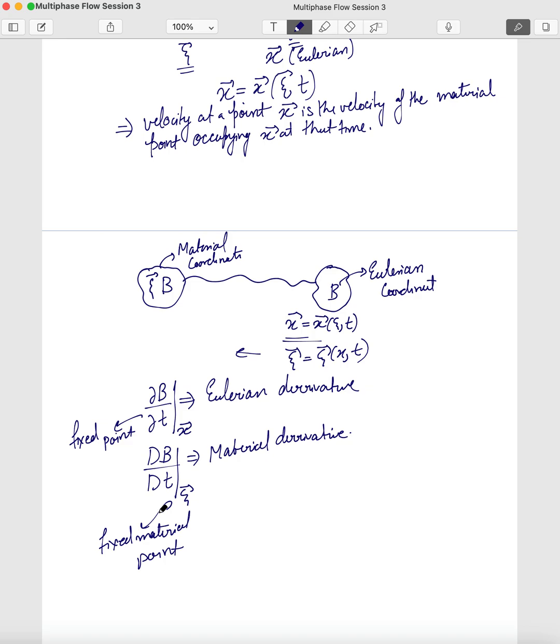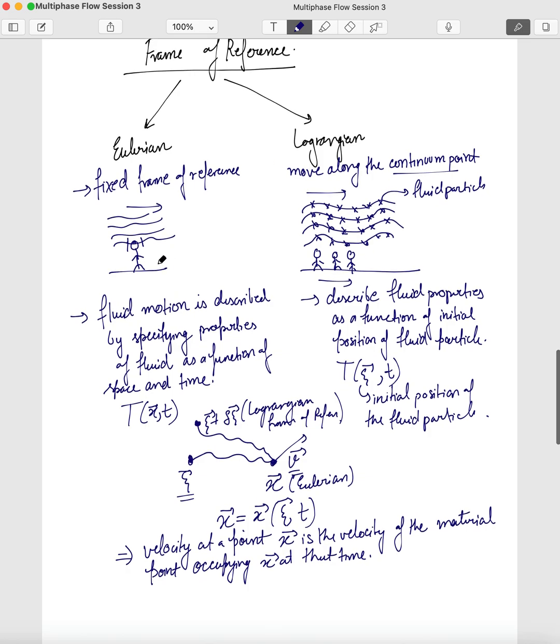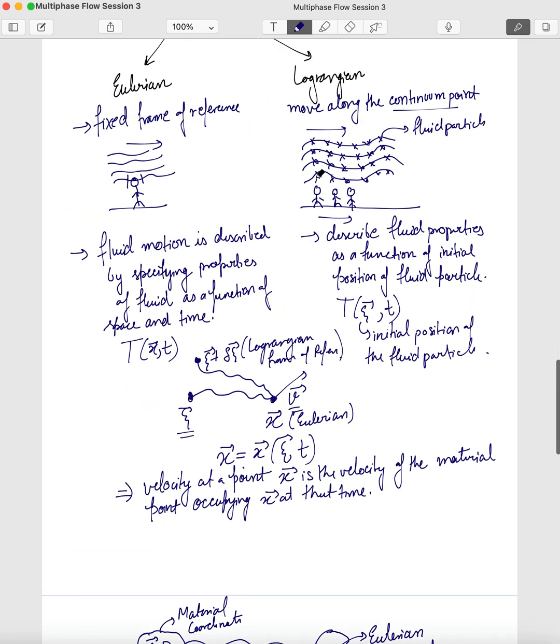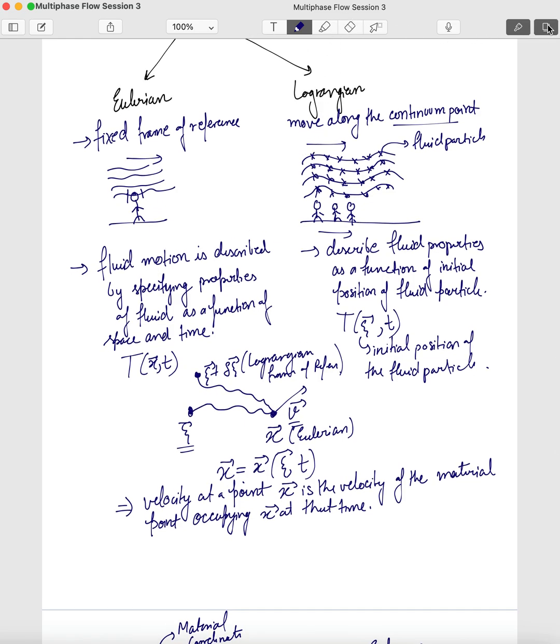So I hope you understand that in one case, in case of Eulerian, we are fixing the point at which we are there. So you are fixing this point. In another case, we are fixing the material point, and we are just following this.